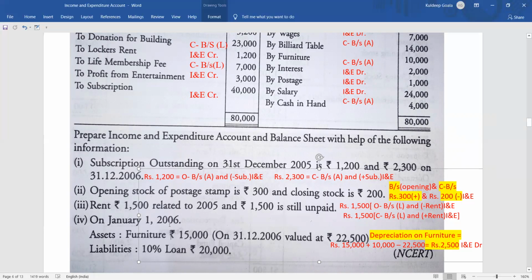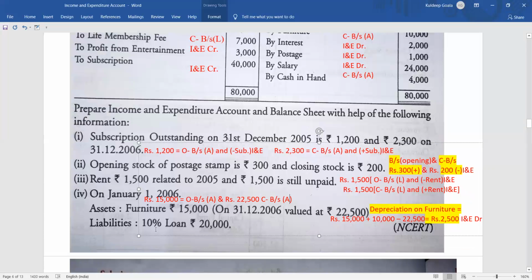Remember one more thing: this furniture opening balance of 15,000 rupees will go in the opening balance sheet, asset side. Along with that, the closing balance of 22,500 will go in the closing balance sheet, asset side. Right.